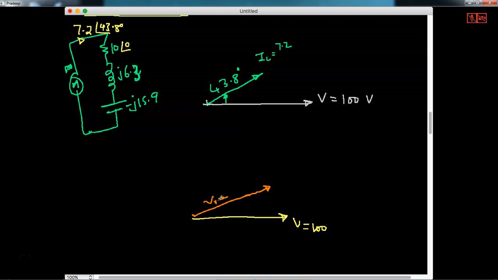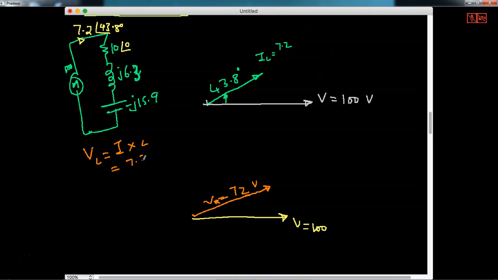Then after that, what is the voltage drop across the inductor? VL is nothing but I into XL. So that is the current 7.2 at angle 43.8 degrees multiplied by the impedance J 6.3.